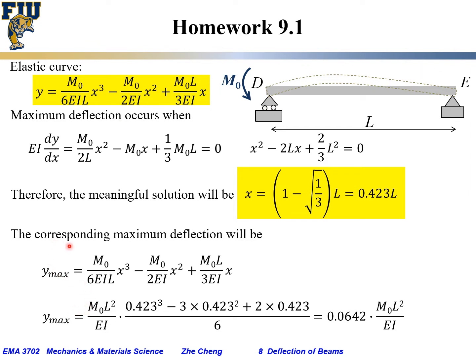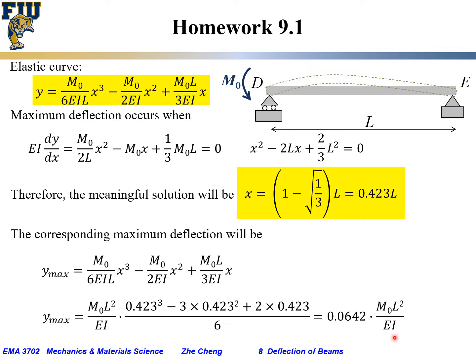And once we have the location of the maximum, the corresponding maximum deflection, we just put this x into the deflection curve, and we would get roughly, analytically, 0.0642 of m0 L squared over EI.